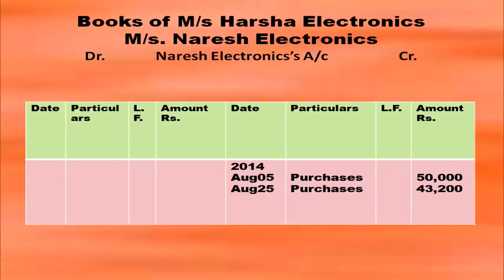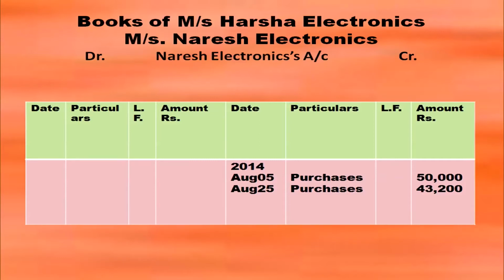You have studied in the previous question the names of some suppliers. So, how will you post after writing the entries in the purchases book? In the purchases book, you have already written Naresh Electronics, that is, Harsha Electronics purchased materials from Naresh Electronics. So, you have to post in the Naresh Electronics account. Messrs.